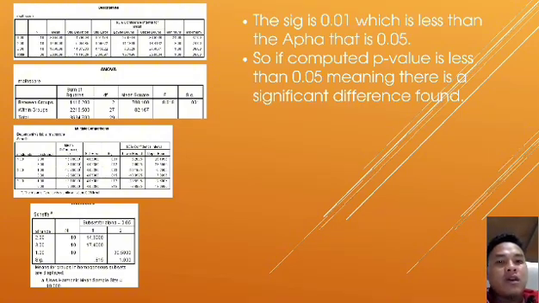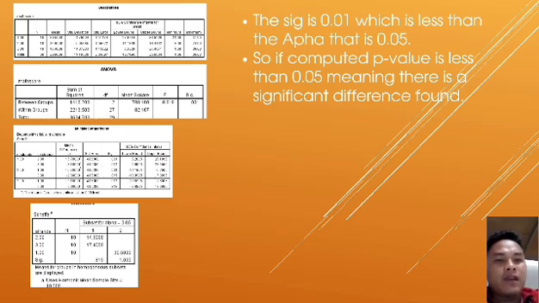We will look at the significance, which is 0.001. If the result is 0.001, the value is less than alpha, that is 0.05. If the computed p-value is less than 0.05, it means there is a significant difference found.